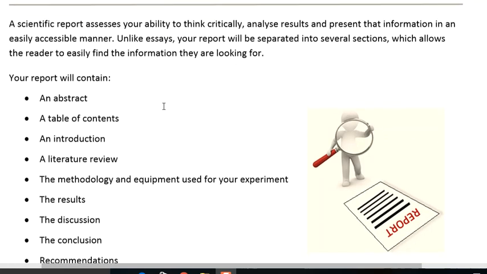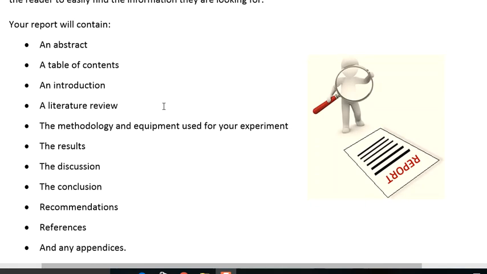Here are the main sections of the report. Number one, there is always a title. Abstract, a table of contents, an introduction, a literature review, the methodology and equipment used for your experiment, the results, meaning the findings, and the discussion, the creative scholarly discussion, where comparison and contrast are shown through graphs and charts.